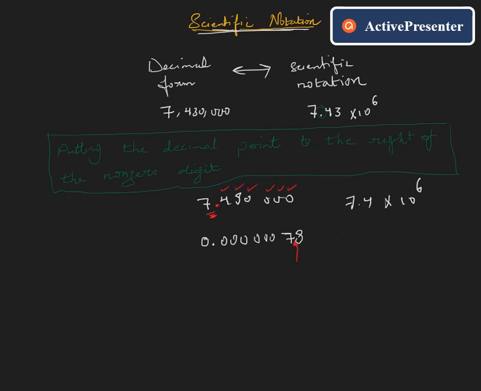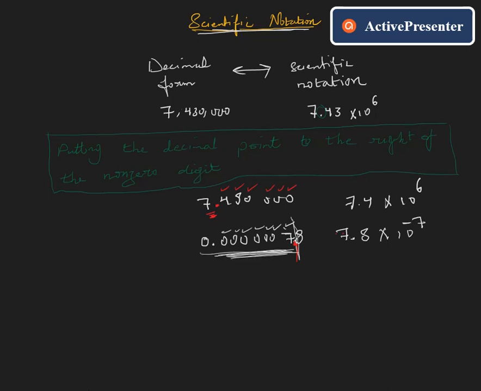So this would be at the end 7.8, multiplied in what? If you put the decimal places here, calculate now from after the point. So here is our point should be. So this is 1, 2, 3, 4, 5, 6, 7. Then this is multiplied in 10 to the power minus 7.